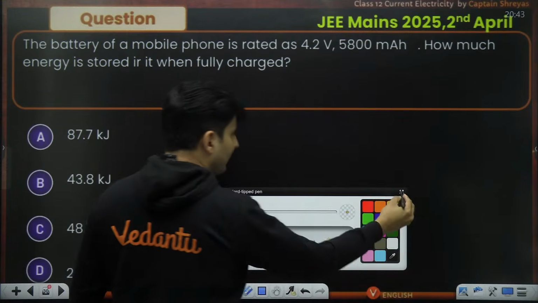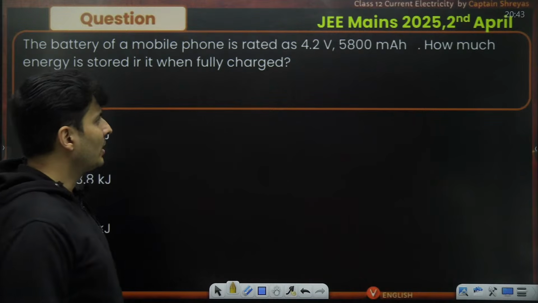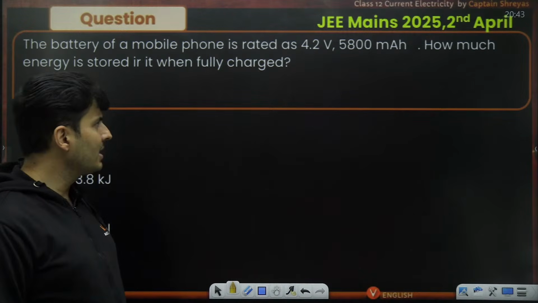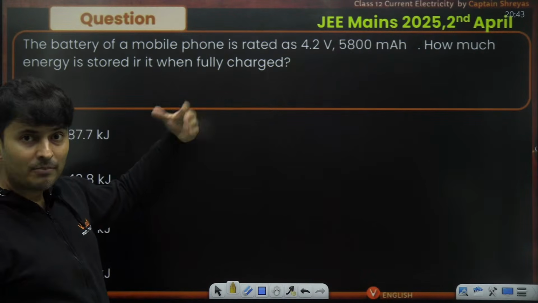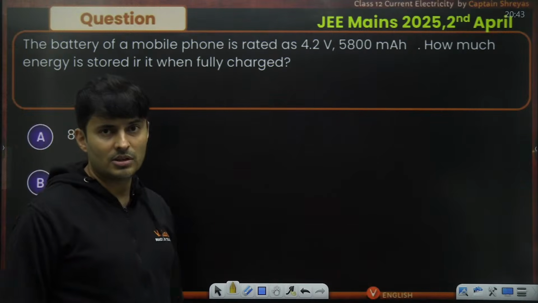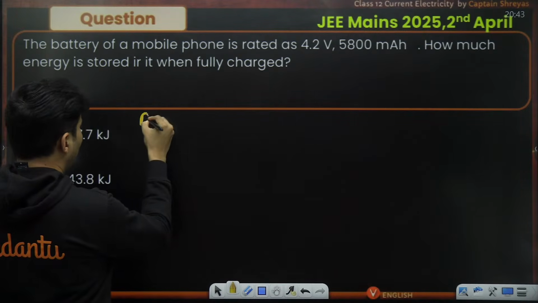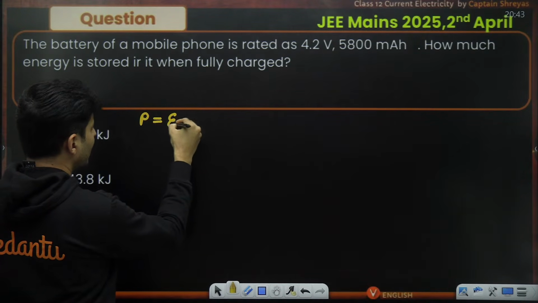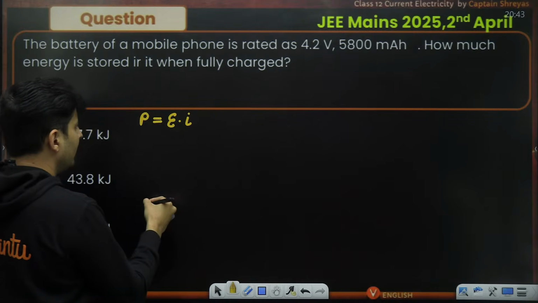Now, see, think about it. The capacity of the battery is given, in ampere hour, and the voltage is also given. So if you think about it, the power supplied by the battery will be the EMF multiplied by the current.